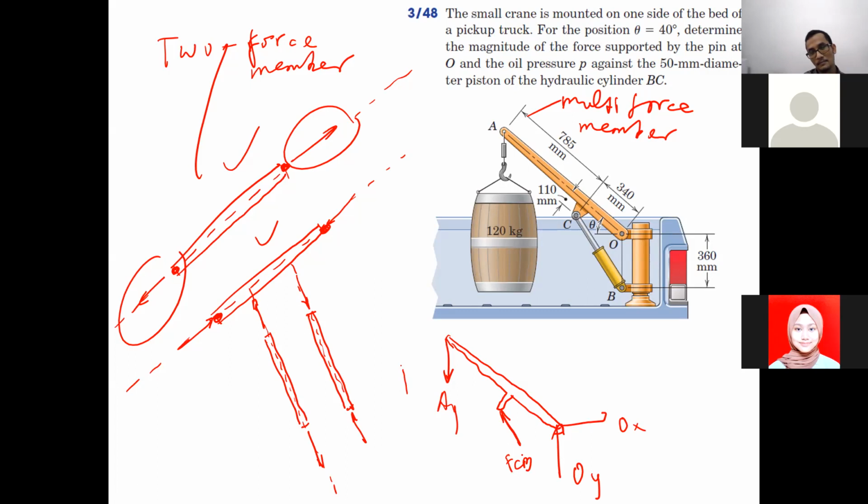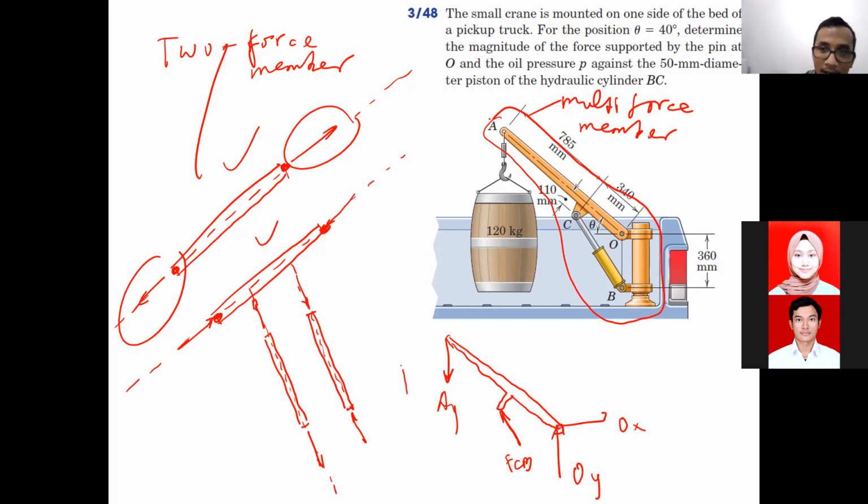Halo? Ya, halo. Jadi saya bisa sederhanakan kasus ini. Tadi awalnya kamu mau gambar free body diagramnya keseluruhan seperti ini kan ya? Ini saya bisa sederhanakan, saya tidak mau gambar keseluruhan, yang saya gambar cuma batang ACO saja.